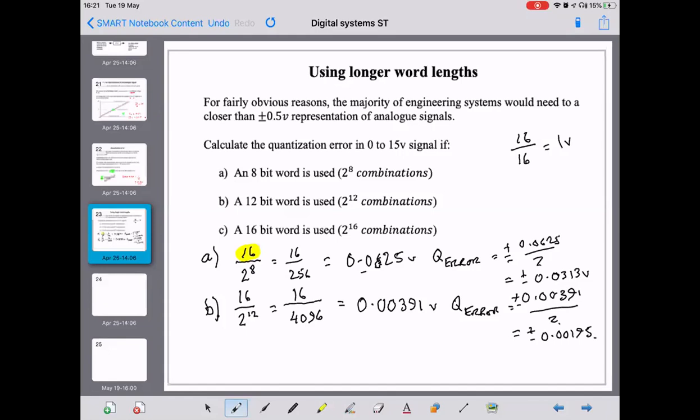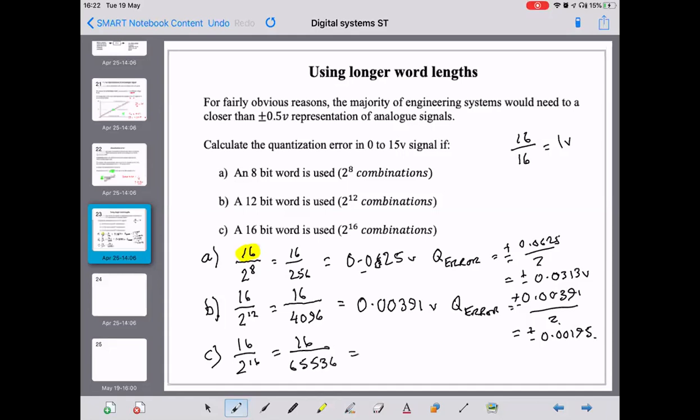Yep, me too. Jake, do you want to try the other one? Obviously 16 over the 2 to the 16. There were 65,536 different combinations.